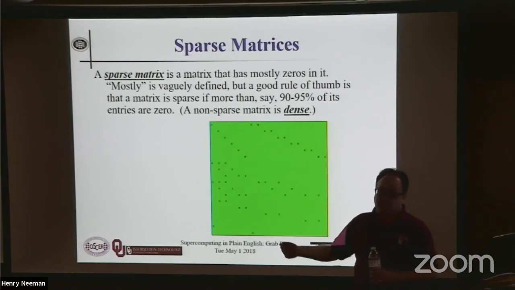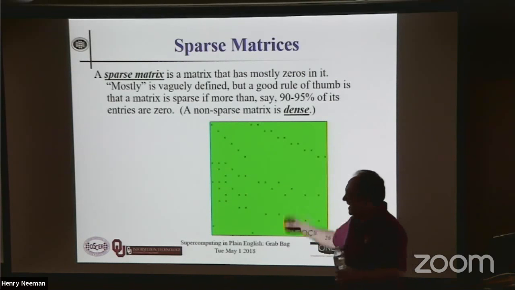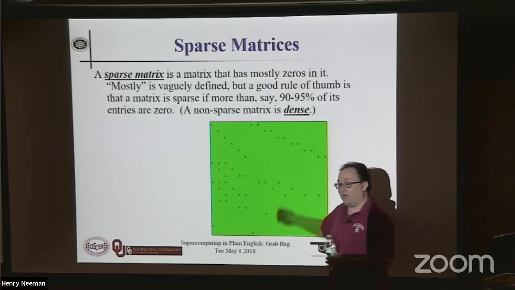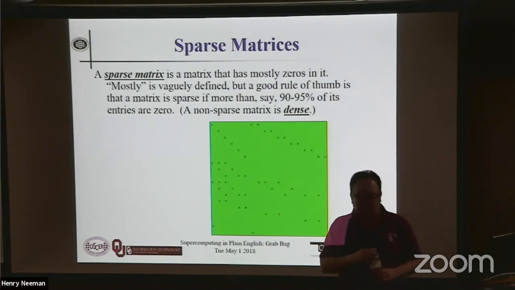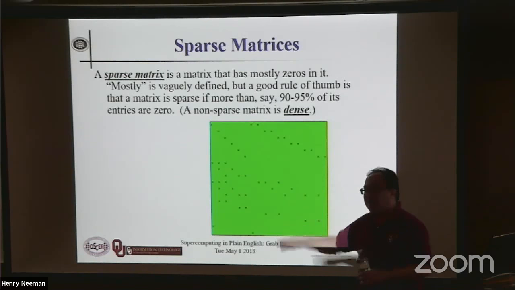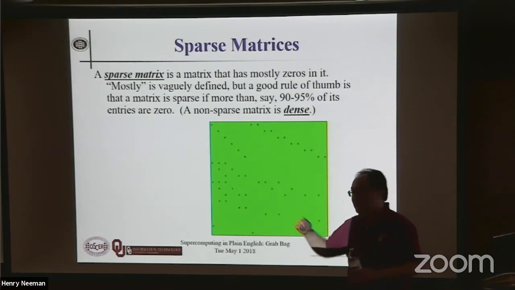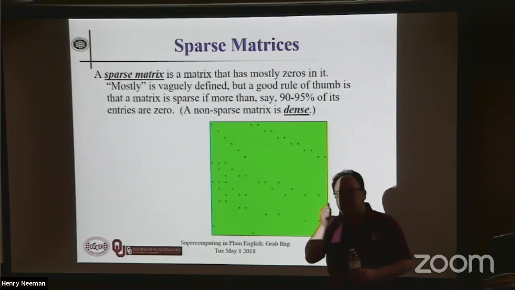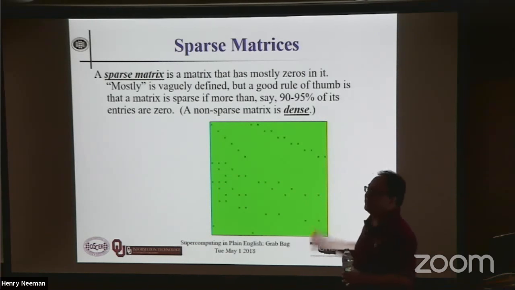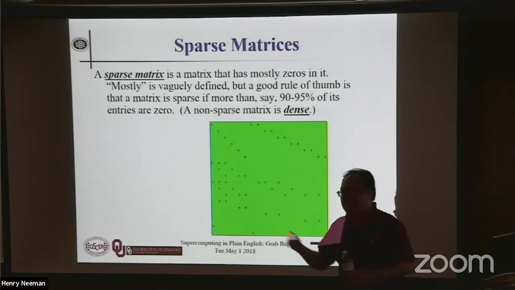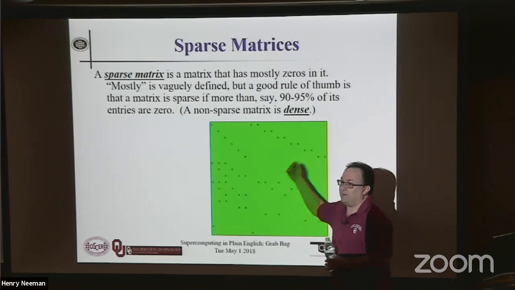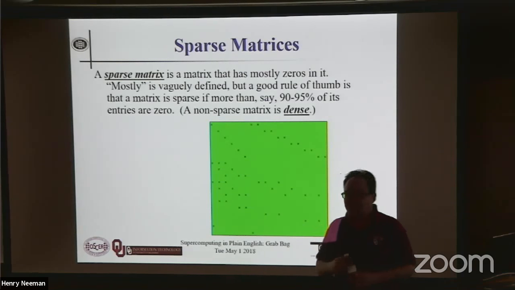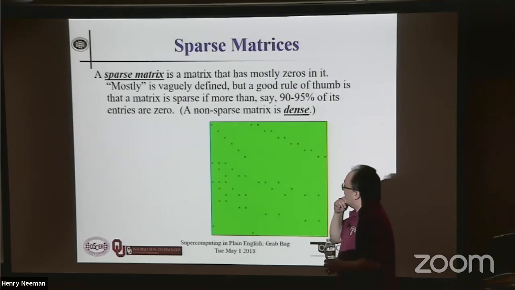Therefore, you never need to multiply by 0, and you never need to add 0. As a result, you can solve a sparse system of equations using a lot fewer calculations than if you use the dense matrix approach to the sparse matrix problem, which would take a lot more calculations.